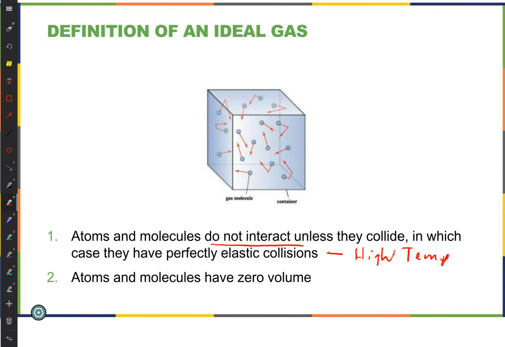It's probably going to be pretty close to ideal on that first one. If it's only like 5 degrees above, so 105 degrees Celsius, that's not going to be good. What's going to happen is the molecules will come together and they'll have a lot of stickiness compared to their total energy. So they may lose a lot of energy in a collision, or they may just stick together. So that's why it has to be far from liquefaction.